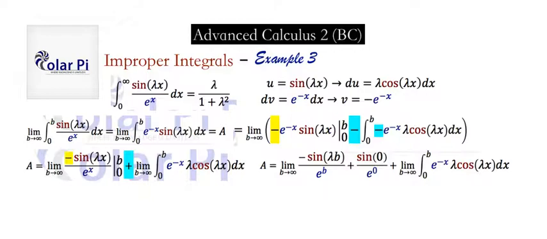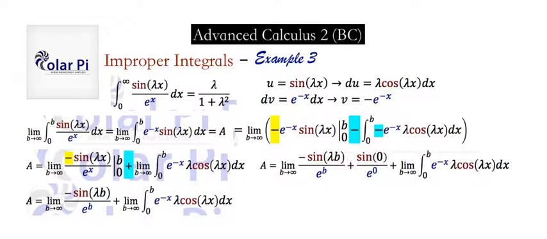And so that means a cleaned up version of my last step is this, getting rid of sine of 0 over e to the 0. And now the limit as b goes to infinity of this guy here. What is that? Well, notice that negative sine of lambda b is bounded between negative 1 and 1.